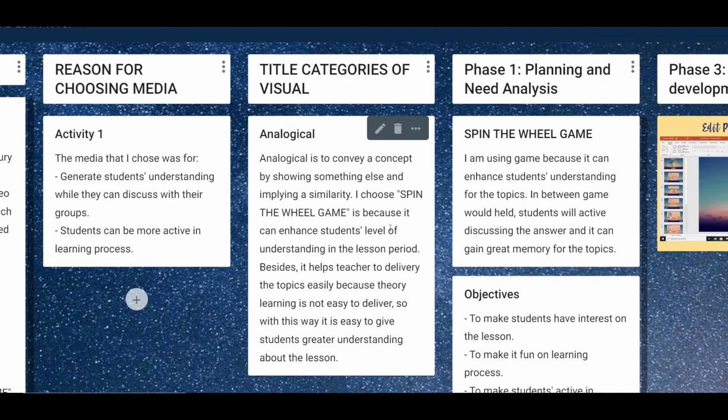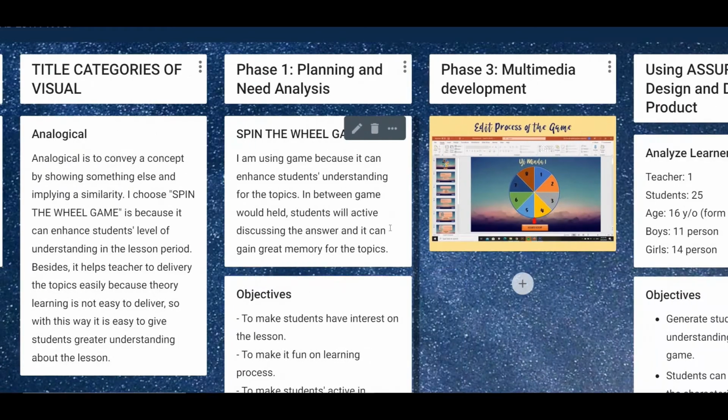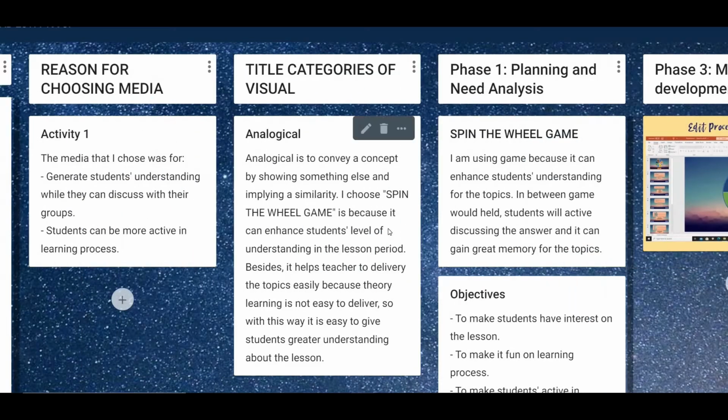Besides, it helps the teacher to deliver the topics easily because theory learning is not easy to deliver. So with this way, it is easy to give students a greater understanding about the lesson. I thought that while students are learning the topic, they can also play a game.